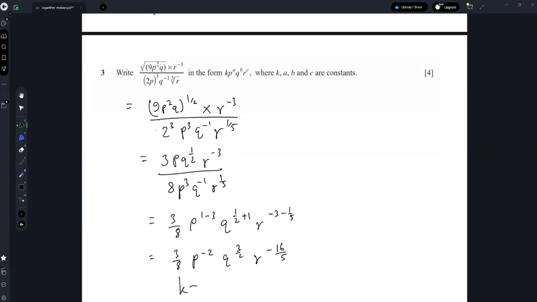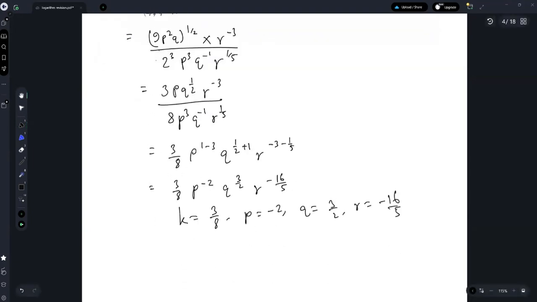So k equals 3/8, p equals minus 2, q equals 3 by 2, r equals minus 16 by 5. So this is another type of question that can come from indices part.